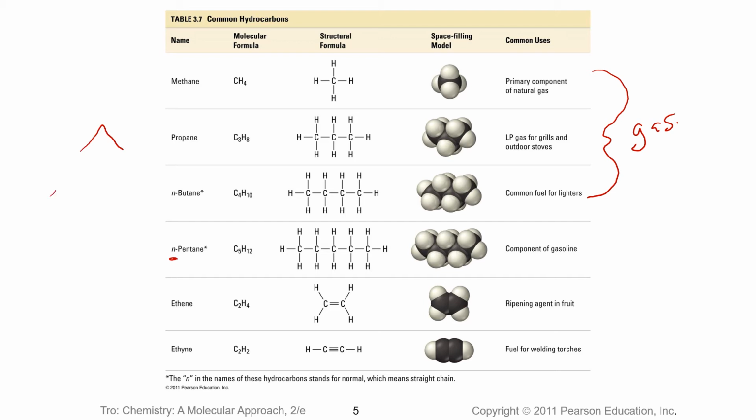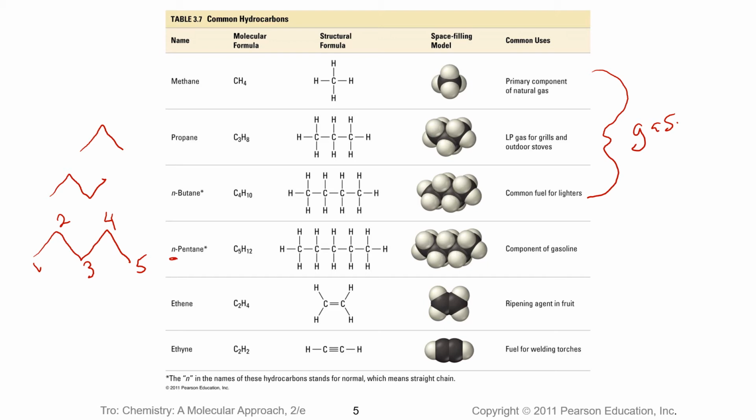If we do butane, we have to add another bend to our line. And if we do pentane, we have to add another line representing our carbons. So we would have 1, 2, 3, 4, 5 carbons for pentane.